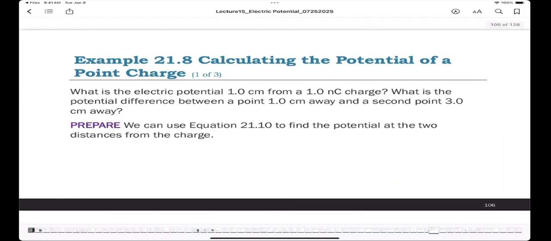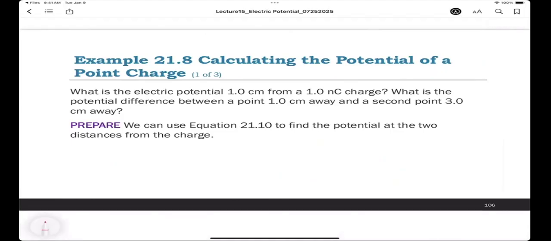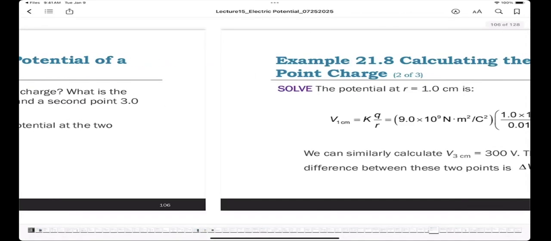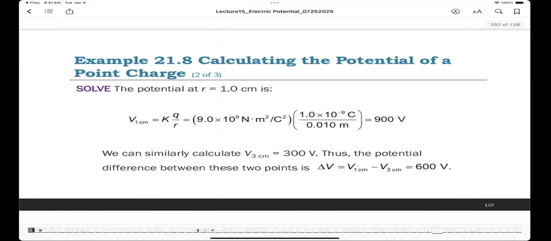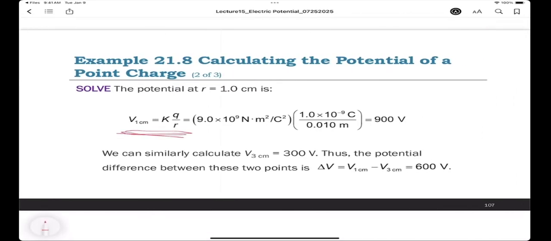We can use equation 21.10 to find the potential at two distances from the charge. Put K, Q, and R into this equation, and you can calculate the electrical potential as 900 volts.